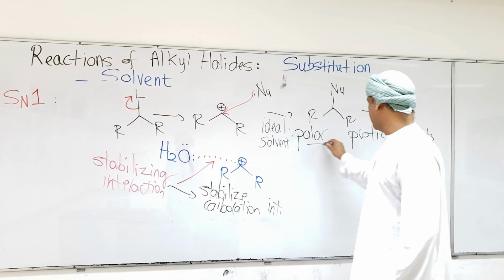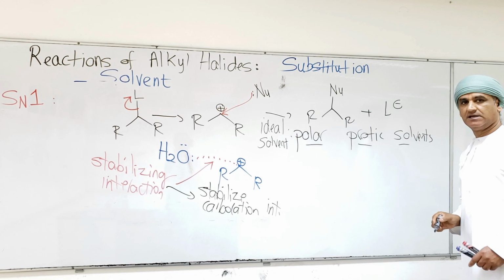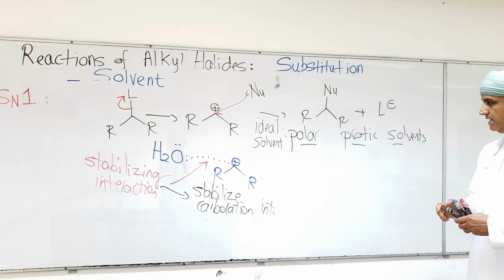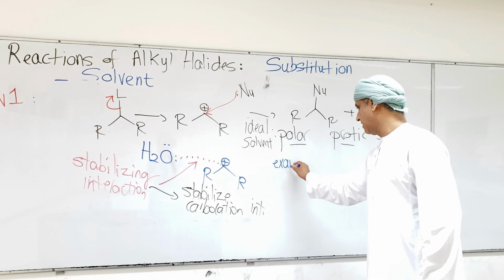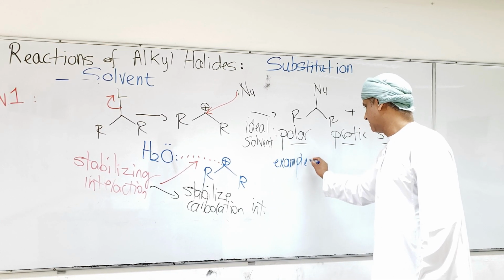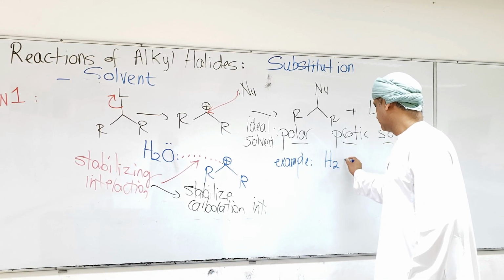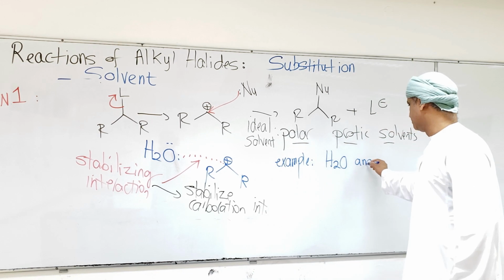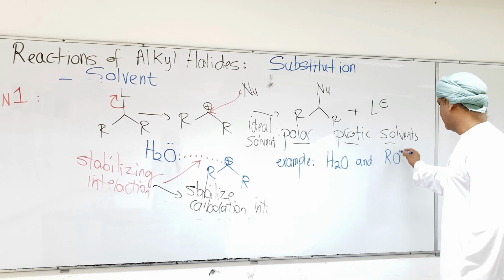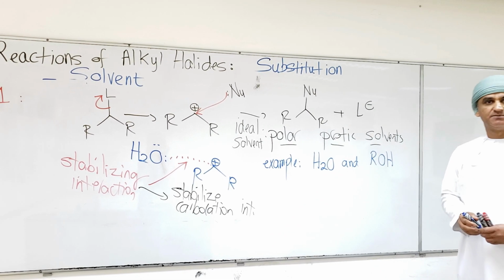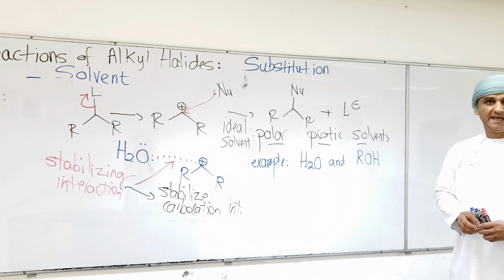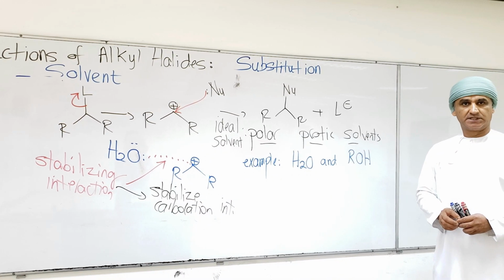Examples are water and alcohols. In general, water and alcohols are suitable solvents in the Sn1 reaction because they are both polar and protic.